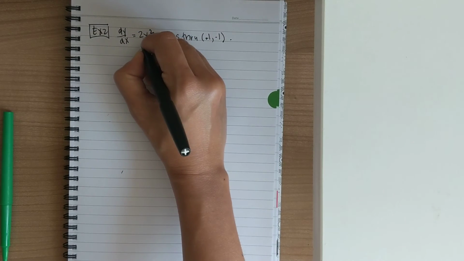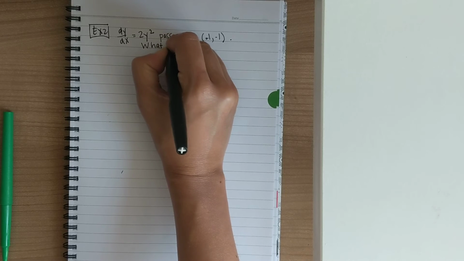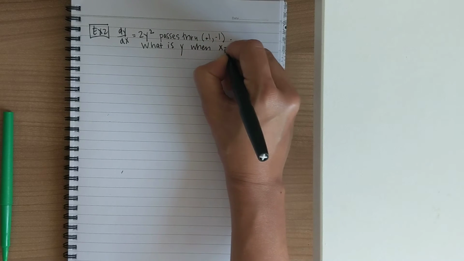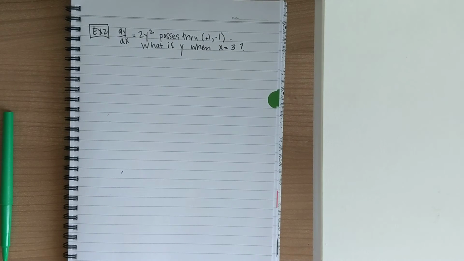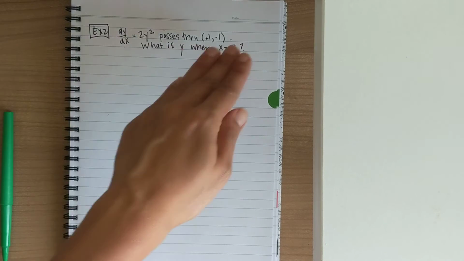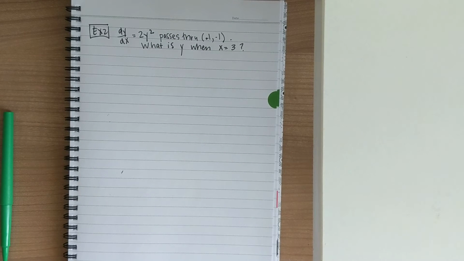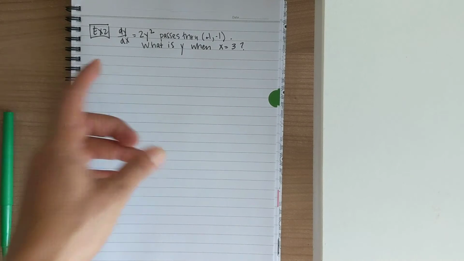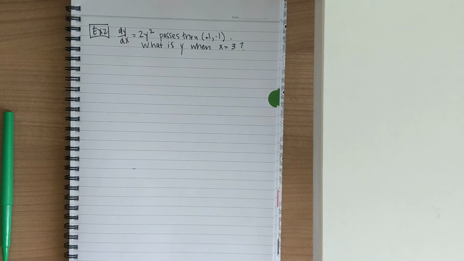Then it says, what is y when x equals 3? So really, this is the same thing from last time. They've just reworded it instead of saying f of something. They wrote f prime of x as dy over dx. It's the same thing, different notation.